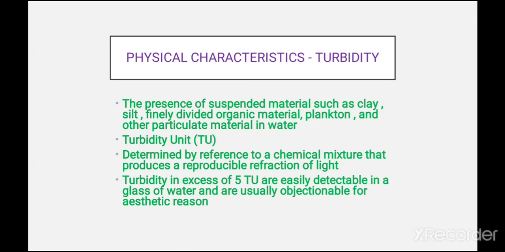Turbidity is actually the presence of suspended material such as clay, silt, any finely divided organic material, planktons, and other particulate materials in water. When we talk about turbidity, we are talking about materials which are invisible to our natural vision, which we will not be able to see with the naked eye.